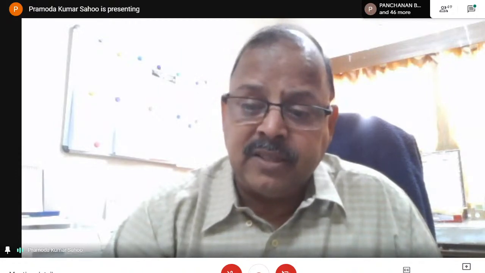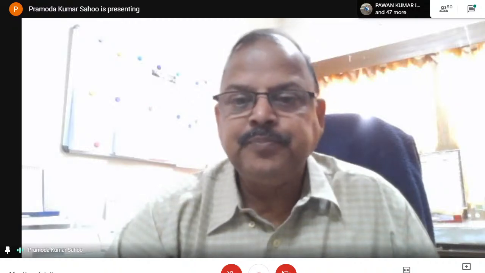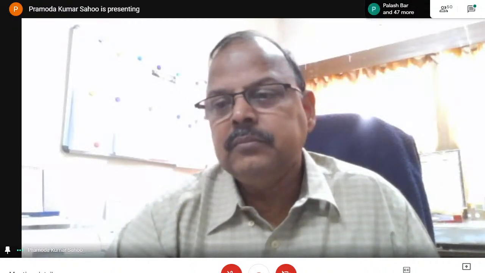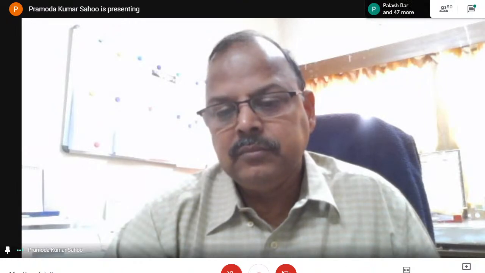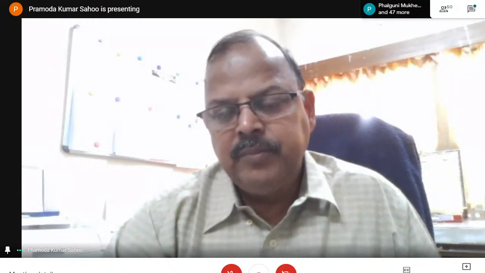So we have to examine if any other factors are responsible for the mortality. I have seen the Katla species' operculum color becoming violet, bluish, greenish like this.